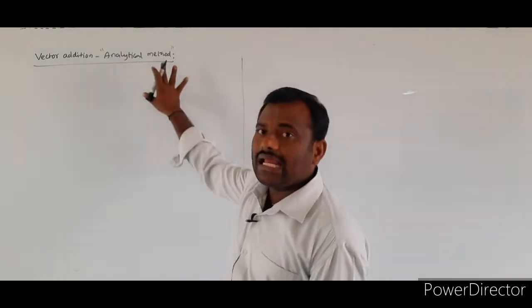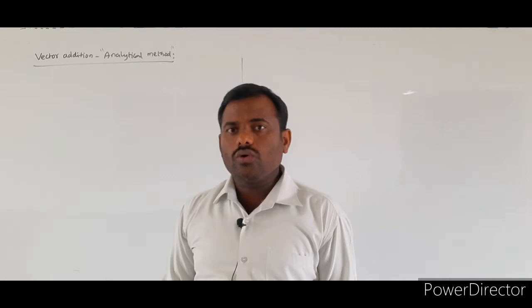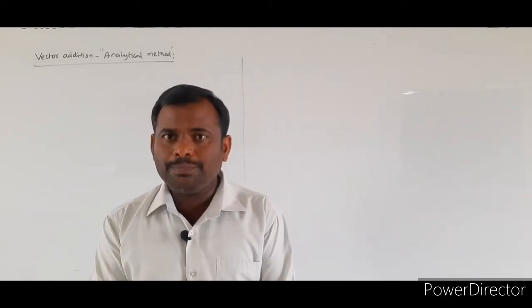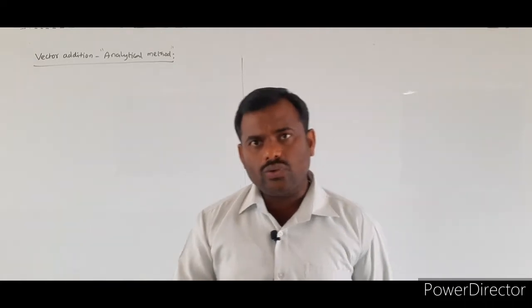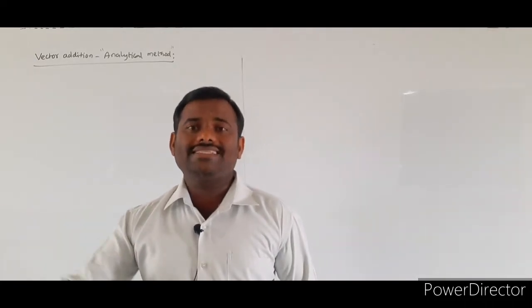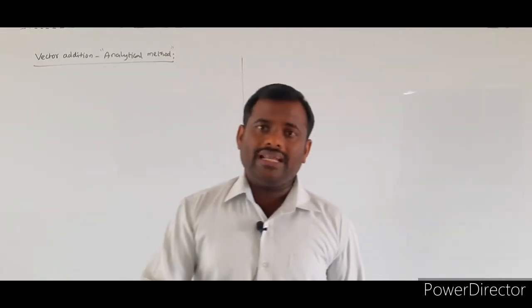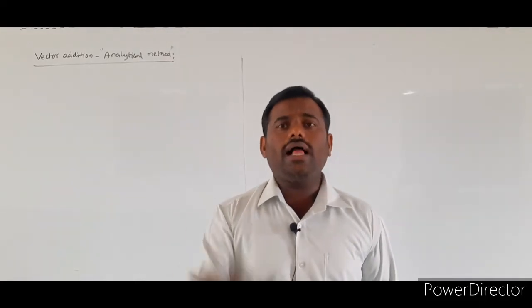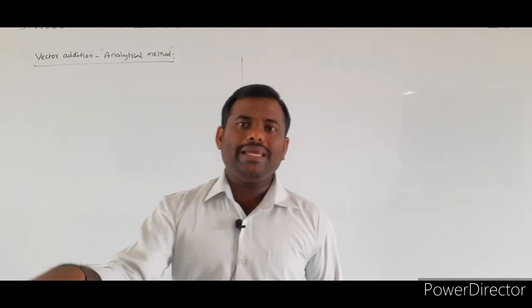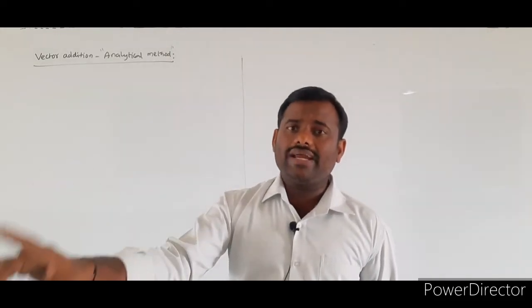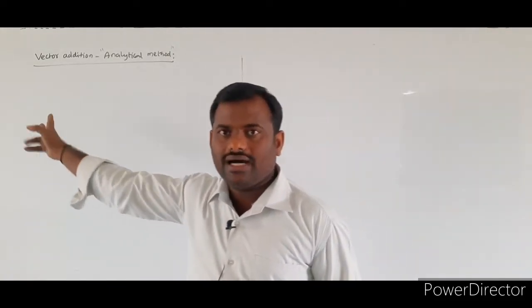In this analytical method, what are we going to do? Simply, the x component of the first vector will be added to the x component of the second vector. The y component of the first vector will be added to the y component of the second vector, which gives the resultant vector of those two vectors.